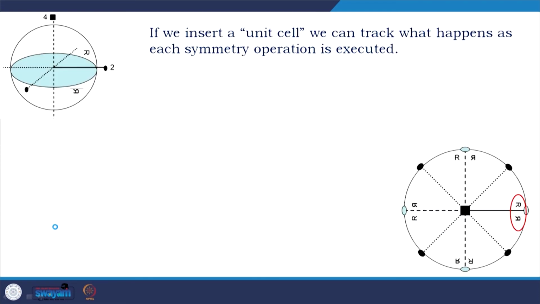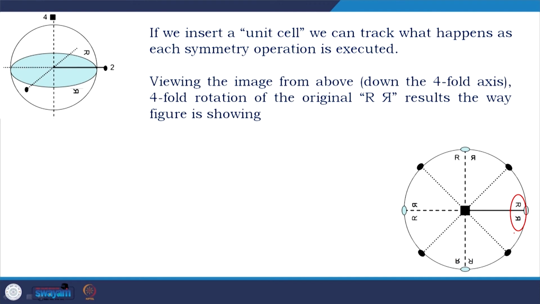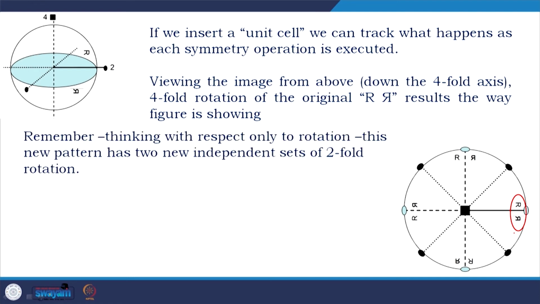Now, if we insert a unit cell, we can track what happens as each symmetry operation is executed. So, we are putting a unit cell. Viewing the image from above, on the top, the four-fold axis, which is a 90-degree four-fold rotation of the original motif, results in the change in the figure. Remember, thinking with respect only to rotation, this new pattern has two new independent sets of two-fold rotations.